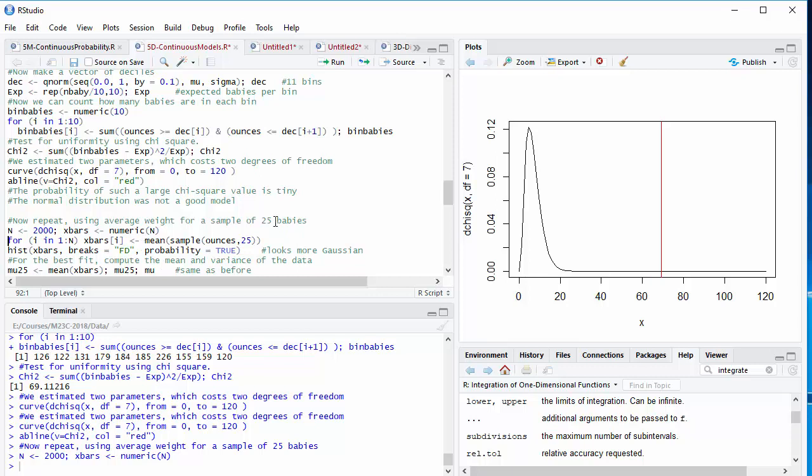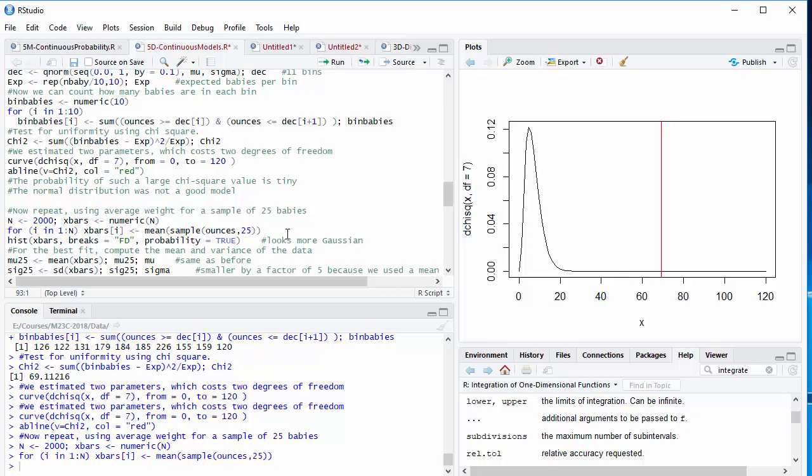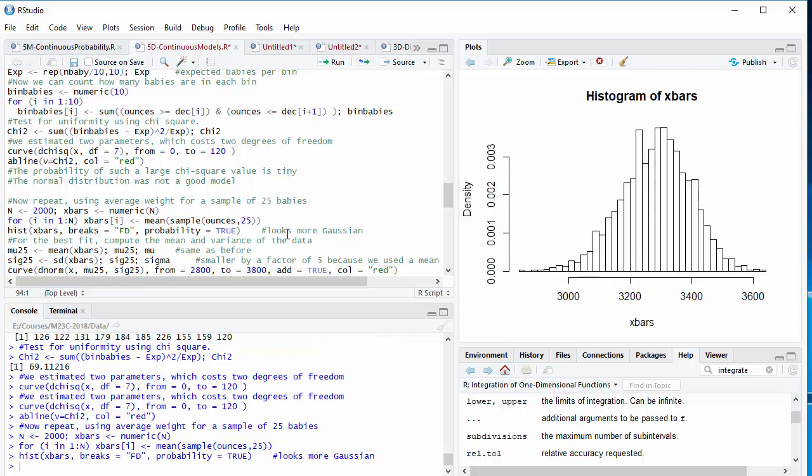So let's check that this works. 2,000 times I will assign to the ith element in this vector the mean of a sample of 25 babies. This will be drawn without replacement, so it'll be 25 different babies. Let's plot a histogram of that.